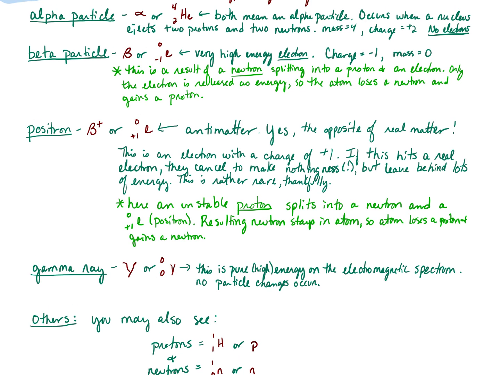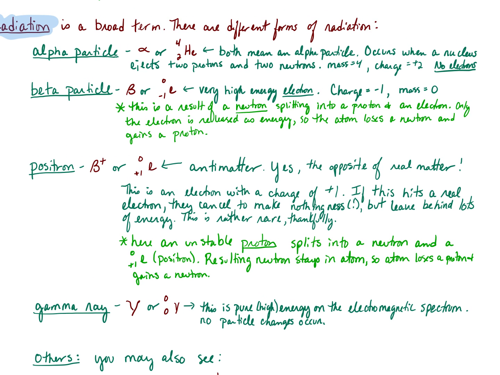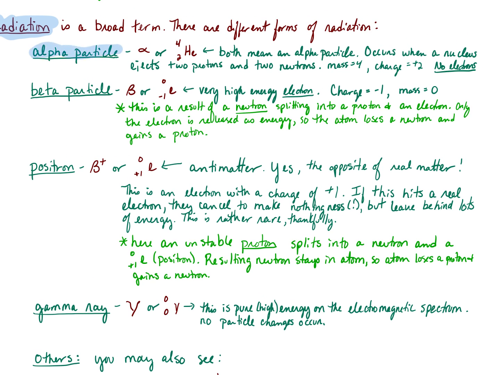So if we start with the alpha particle, we literally call that with an alpha. It kind of looks like a fish there. This is a type of particle that's very specific. They are known as helium.